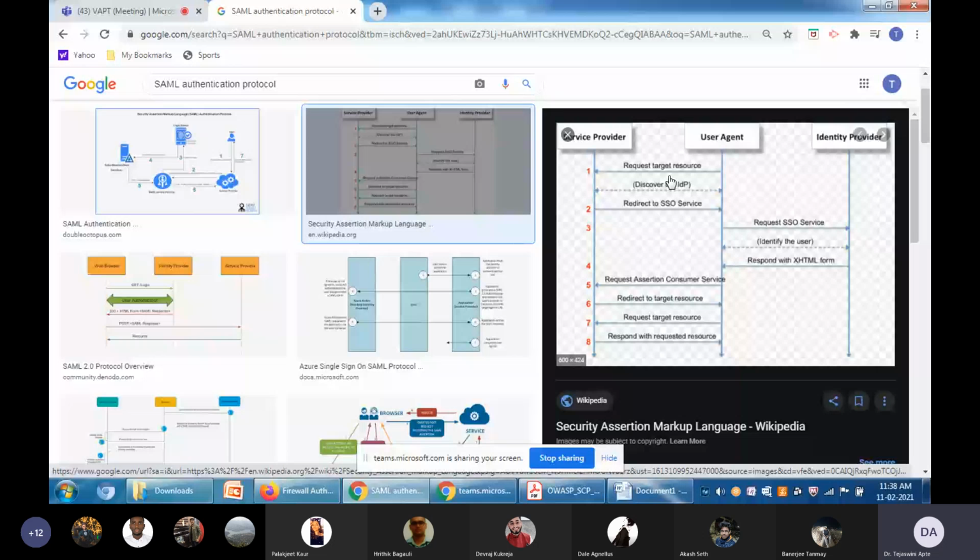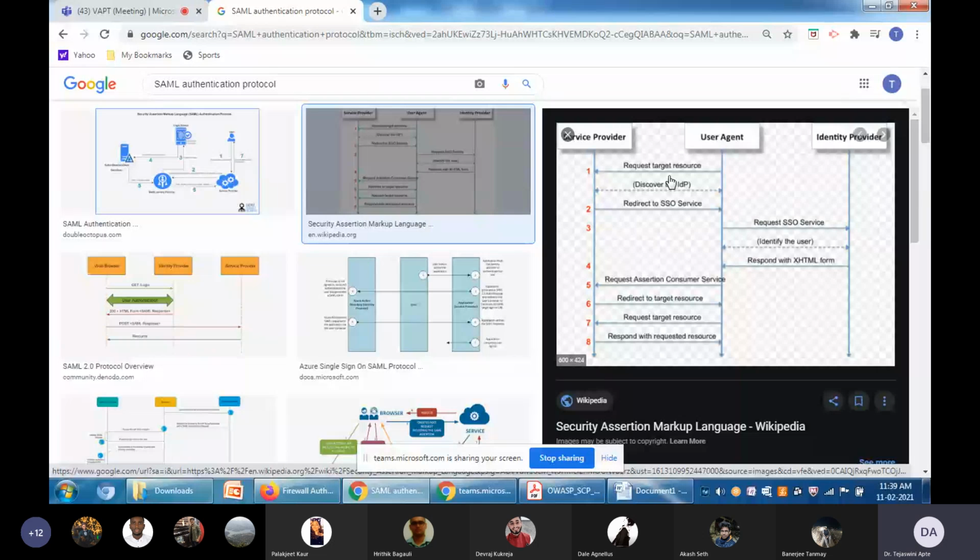Identity is provided by Google, but Google is providing that identity to Facebook on behalf of you. So Google is working as an identity provider as well as a service provider. It can pass your credentials in SAML format to a user agent, and there the communication is done.